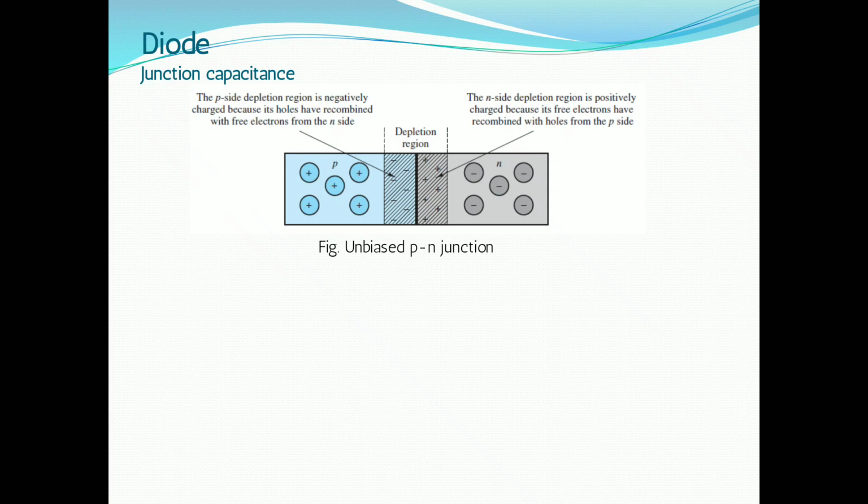Friends, we have said that in p-type region the majority carriers are holes, and in n-type material the majority carriers are electrons, but in p-type region the minority carriers are electrons, and in n-type region the minority carriers are holes. Now in the p region there are free holes to interact with electrons, and in the n-type region there are free electrons to interact with holes.